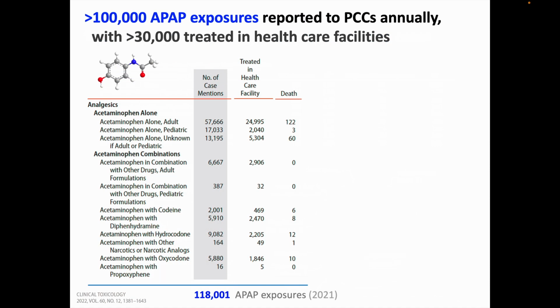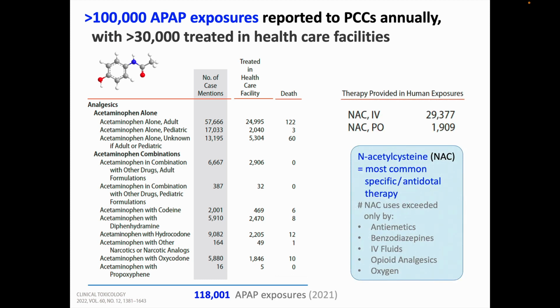Here's more tabular data from the 2021 National Poison Data System report. There are more than 100,000 acetaminophen exposures reported to poison control centers in the U.S. annually, resulting in more than 30,000 being evaluated in healthcare facilities. And many of these patients seen in healthcare facilities are treated with N-acetylcysteine, often abbreviated to NAC.